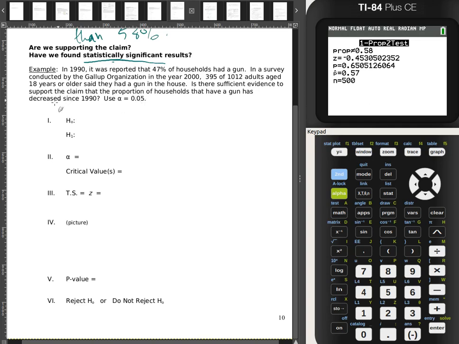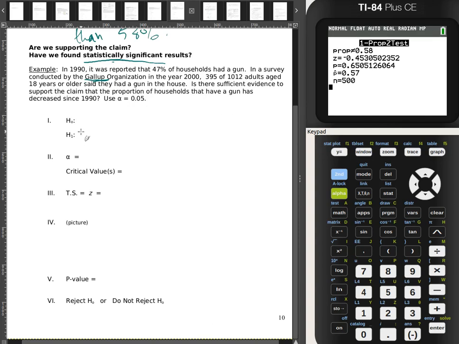But Gallup pretty much has random sampling down packed, so we don't have to worry about that. It says, is there significant evidence to support the claim that the proportion of households that have a gun has decreased since 1990?